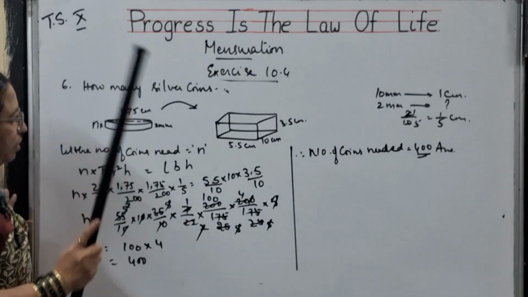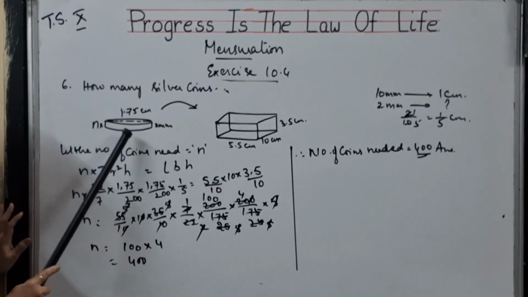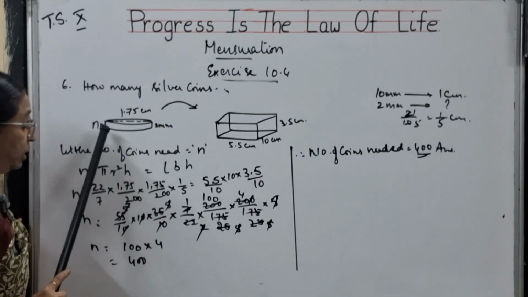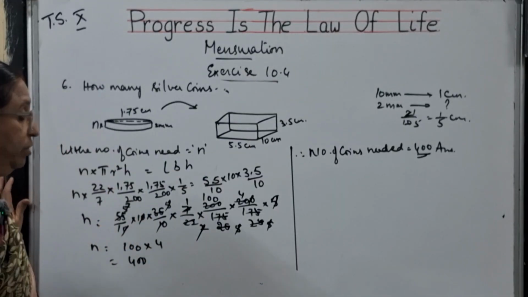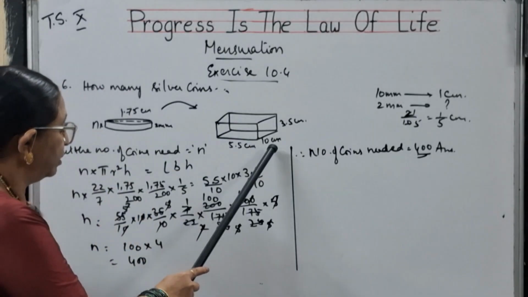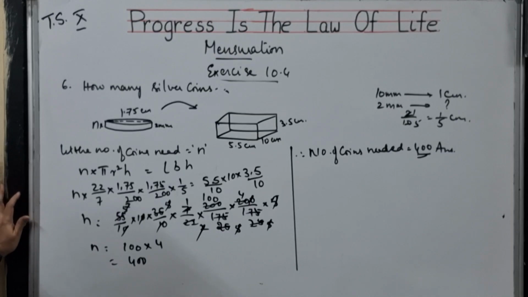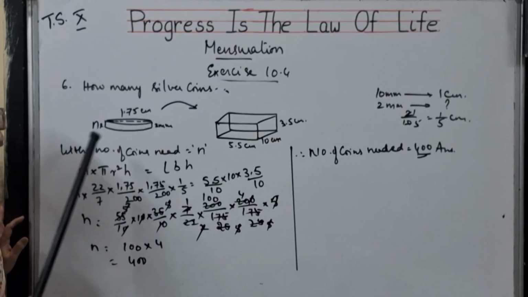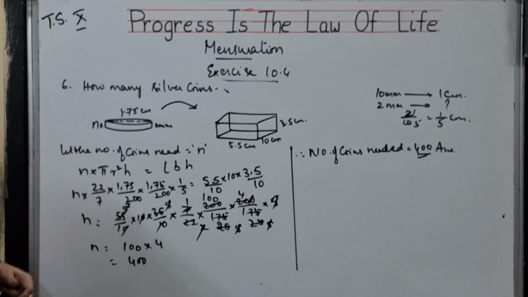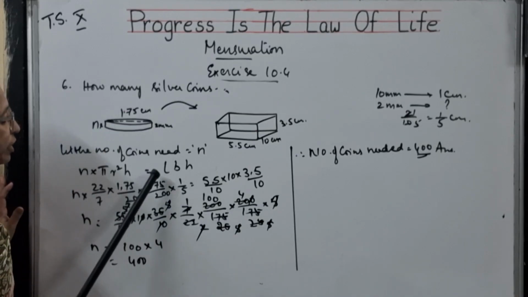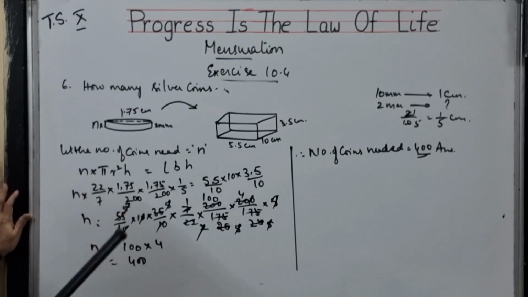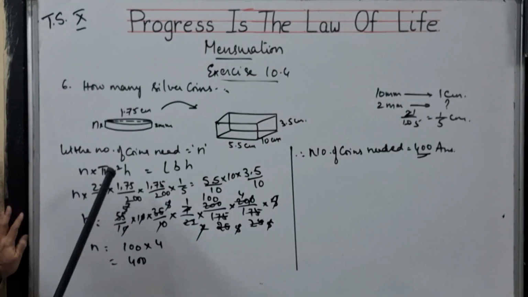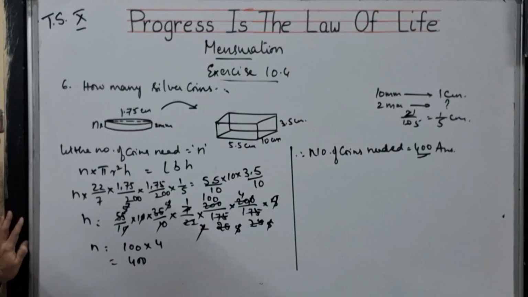See, there is a silver coin. How many coins do you need so that you can convert it into a cuboid? Cuboid measurements 5.5, 10 and 3.5 they have given. So how many coins we need? We don't know, so we are considering them as n. Now we know that n volumes of the cylinder, coin is always in the shape of a cylinder, is equal to the volume of the cuboid.